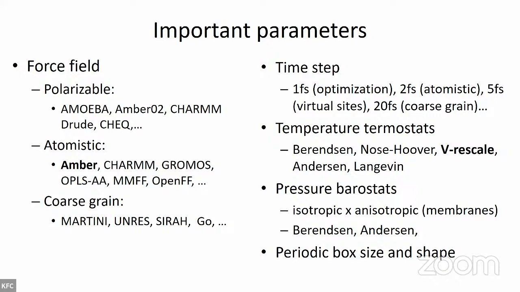As I said, there are the polarizable ones, which are usually running slower, but with the computational power which we have now at the cloud computers and meta centers and large computer centers all around Europe, we have the computational power to run those simulations, and sometimes they are giving quite nice results, explaining a specific phenomena.